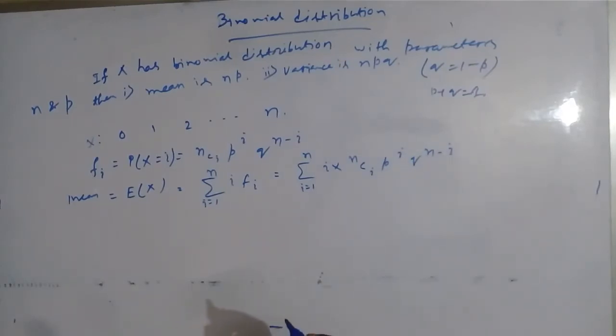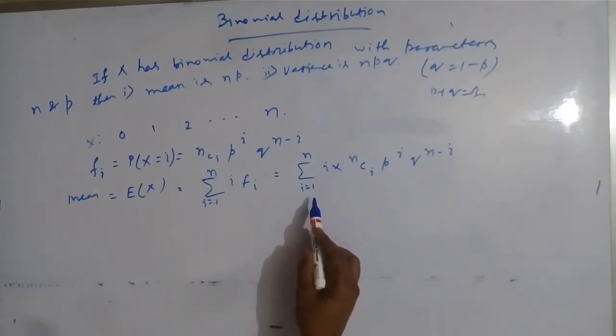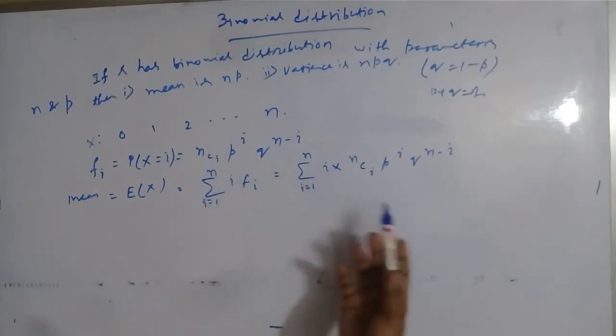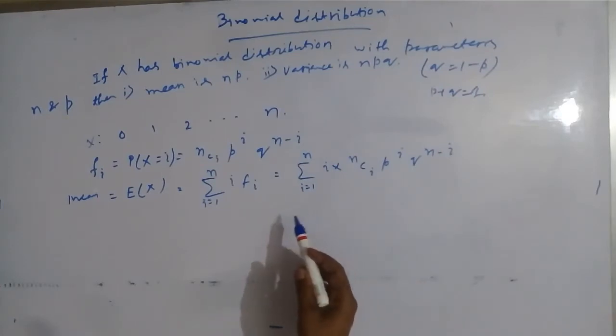Here i should start from 0, but I have not written 0, because if it is 0 then the whole value will be 0. So I have started i from 1.